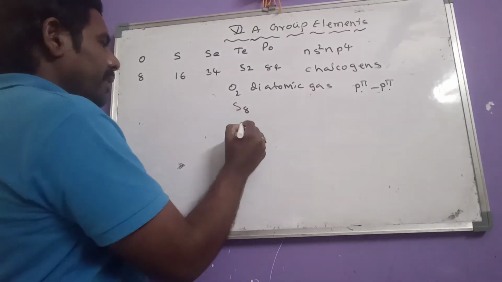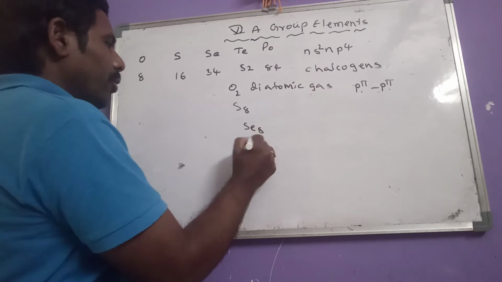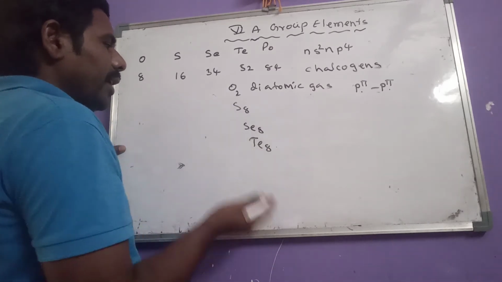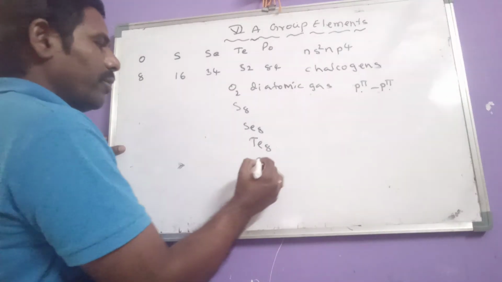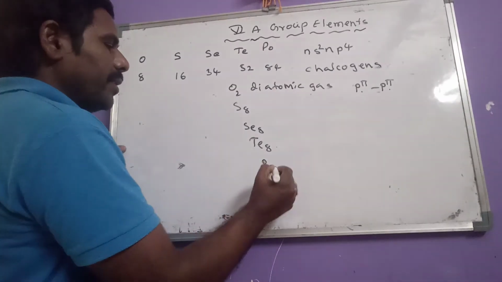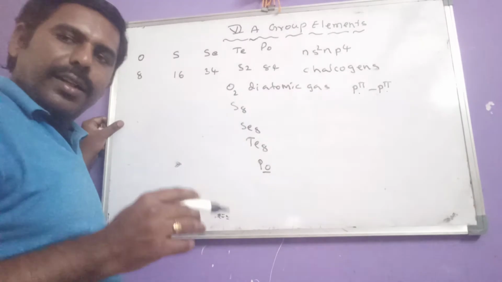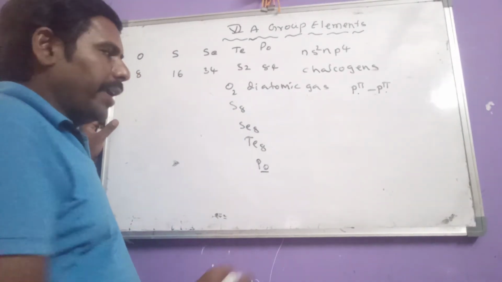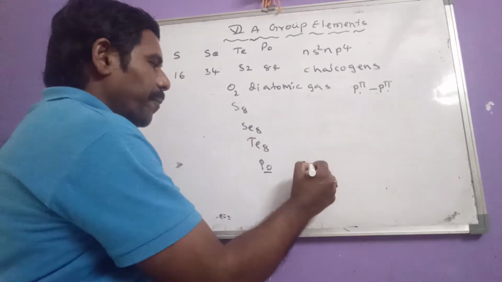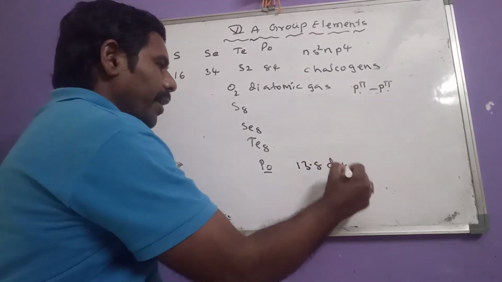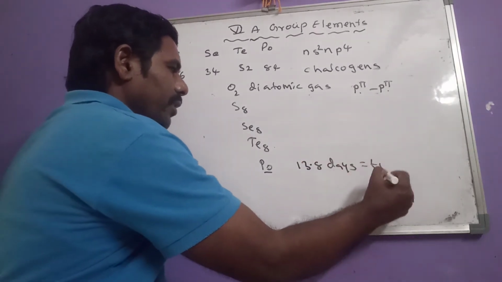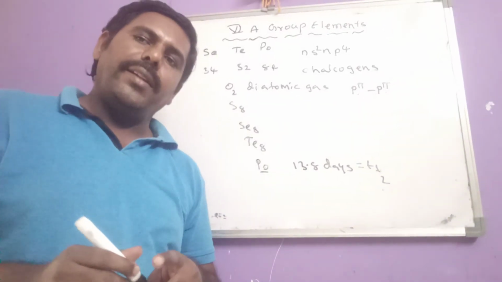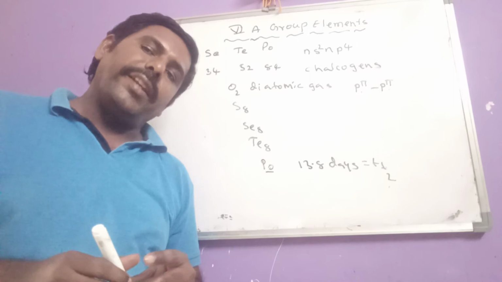Sulfur, selenium, tellurium exist as octaatomic molecules, but polonium is a monoatomic element, and it is radioactive. Its half-life period is 13.8 days. Of course, half-life is 13.8 days, but lifetime is infinity.